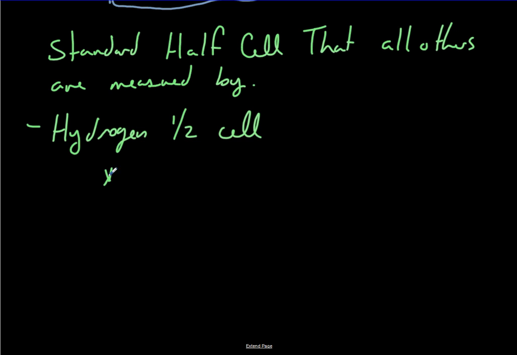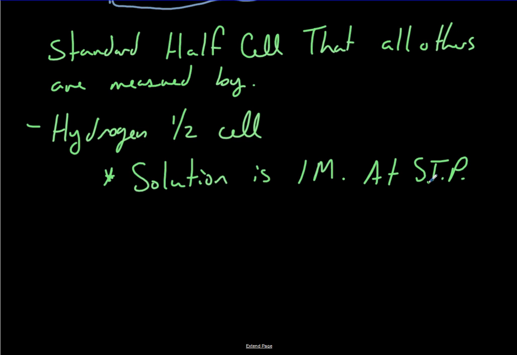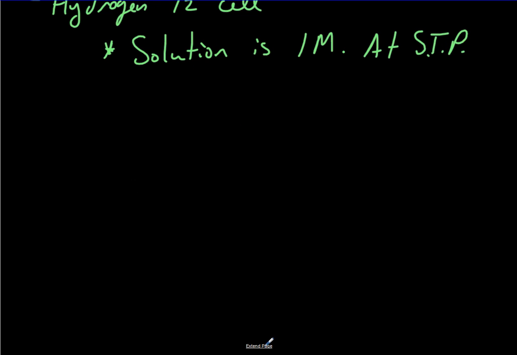And one thing to note, the solution is 1 molar, and these readings are taken at STP, standard temperature and pressure. So 1 atmosphere, I believe 273 K, and 0 degrees Celsius. But I'm going to double check on that.